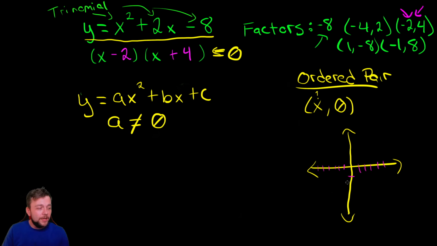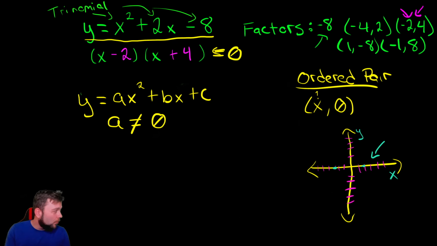Well, if your y value is 0, then you're on the axis. You are here, maybe here or over there. You are on the axis, okay? You are hanging out on the x-axis. Remember that your horizontal line is your x-axis, your vertical line is your y-axis. So you're hanging out on that horizontal line. Why is that important?